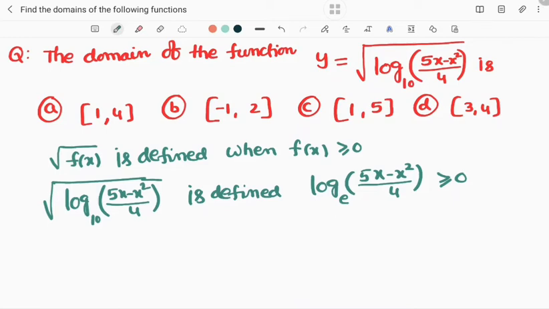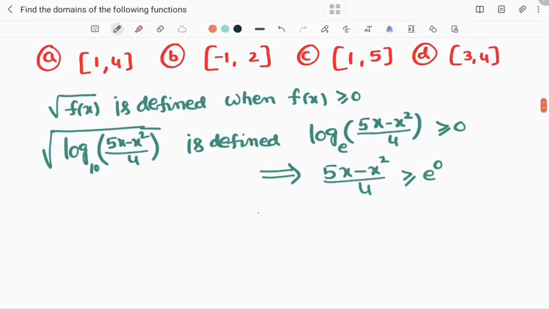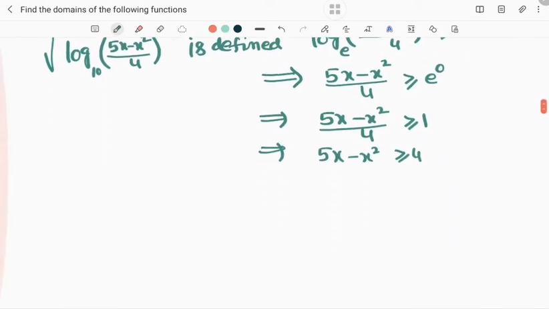So e power, if you remove that logarithm, 5x minus x square by 4 is greater than or equal to e power 0. E power 0 means 1. So 5x minus x square by 4 is greater than or equal to 1. So cross multiply, 5x minus x square is greater than or equal to 4.